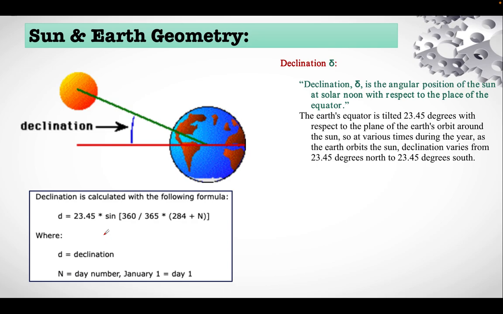The next important angle is known as the declination. Now how to calculate declination? Declination is calculated by considering the sun center and the earth center. Here we connect the sun center to the earth center, and that line makes some angle with the equatorial plane. That angle is known as the declination.